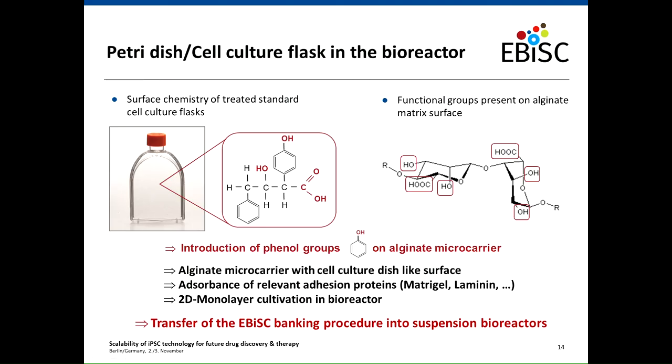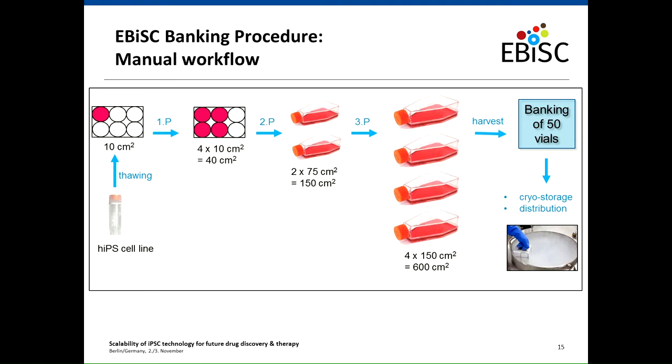And as a proof of principle, we decided, okay, now we have this microcarrier system, and we now want to transfer the EBiSC banking procedure into the suspension bioreactor. This is the official EBiSC banking procedure, how it looks. So usually you start with a vial of one frozen iPS cell line. This vial is thawed.